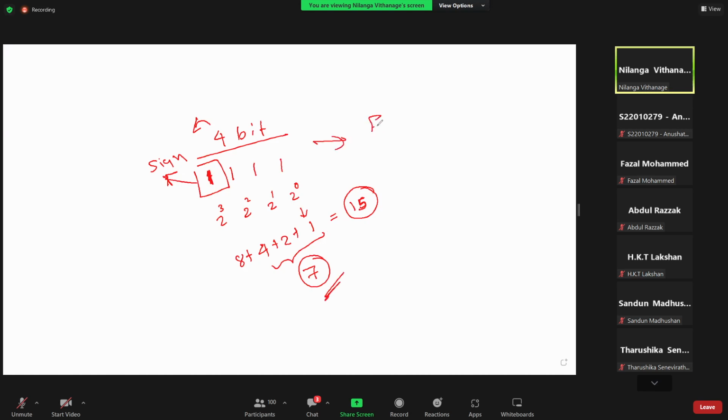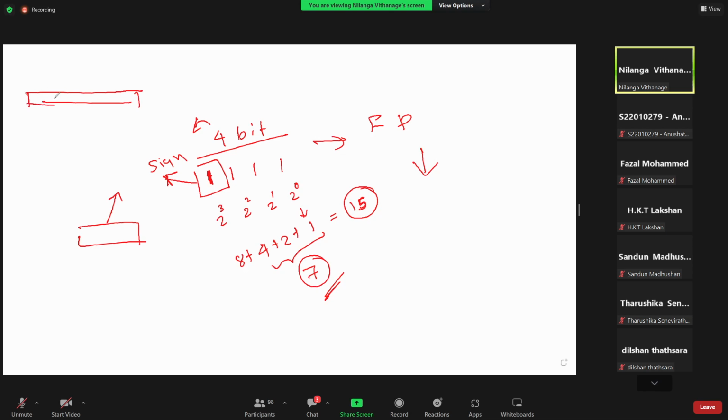But when it comes to floating point numbers, because of that method, even if it is a 4-bit number, you can represent a huge number. Actually, we are talking about 32-bit numbers now. A 32-bit floating point number can represent a huge range.